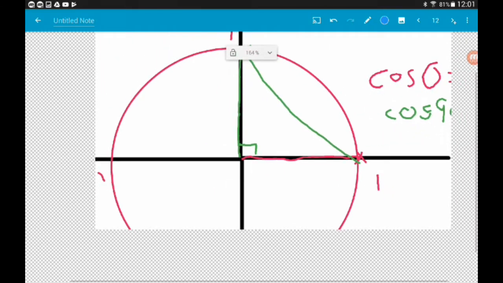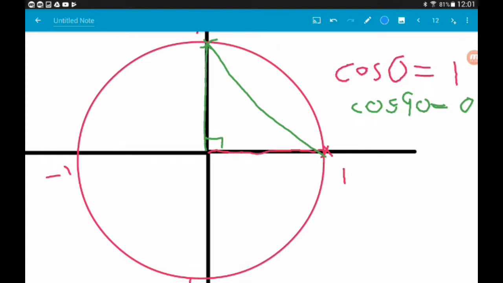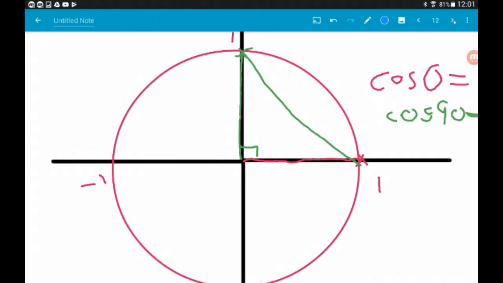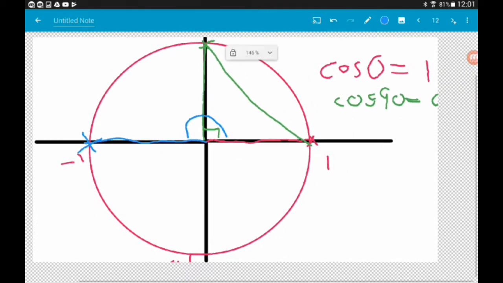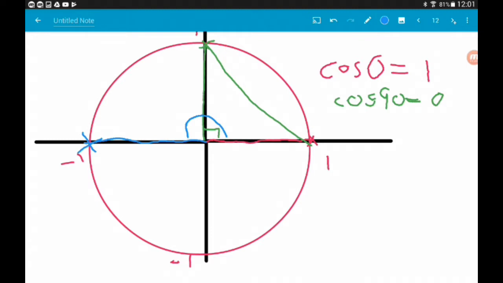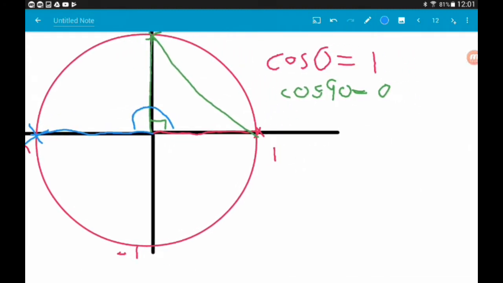If we now go to 180 degrees, that is going to take us over here. So we've gone for half a rotation around our circle. We can now see that our x-coordinate has now gone down to -1. So cos of 180 is equal to -1.